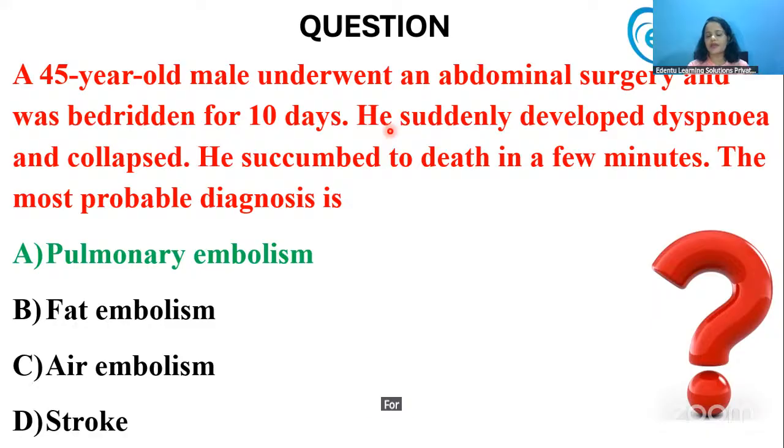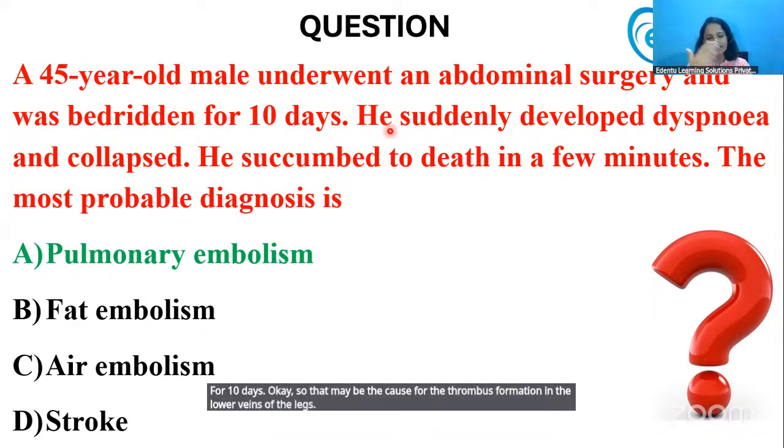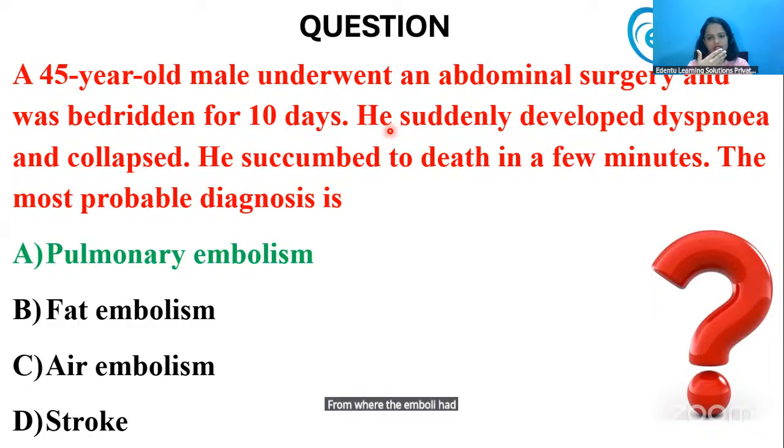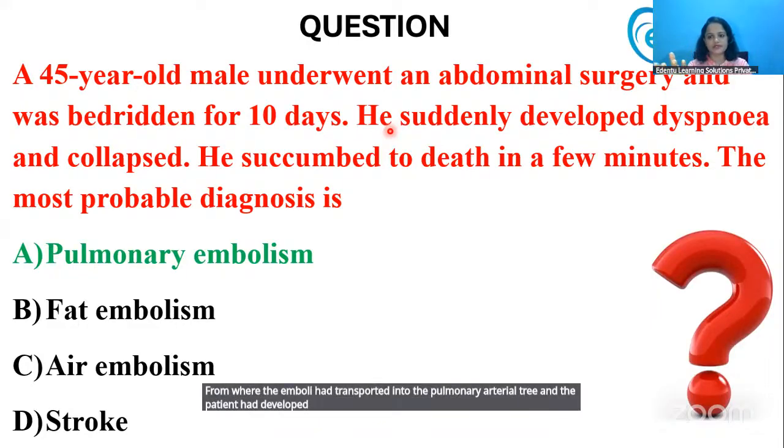So that may be the cause for the thrombus formation in the lower veins of the legs, from where the emboli were transported into the pulmonary arterial tree, and the patient developed the classical symptoms like dyspnea and collapsed. Usually sudden death is seen in case of pulmonary embolism.